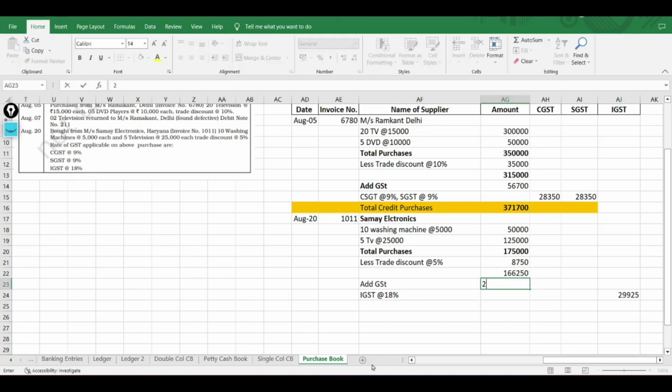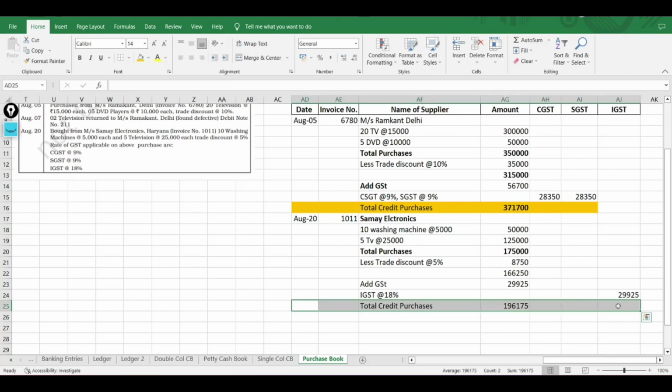So our GST is 29,925. So here our total credit purchases, adding the amounts, will be 1,96,175. This is our total credit purchase from Samay.